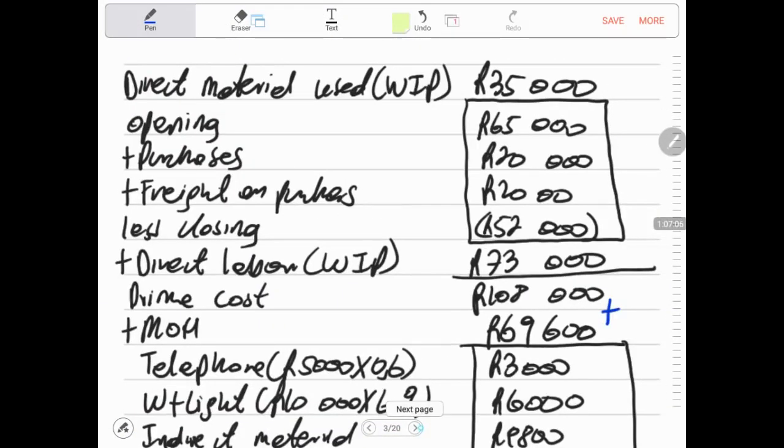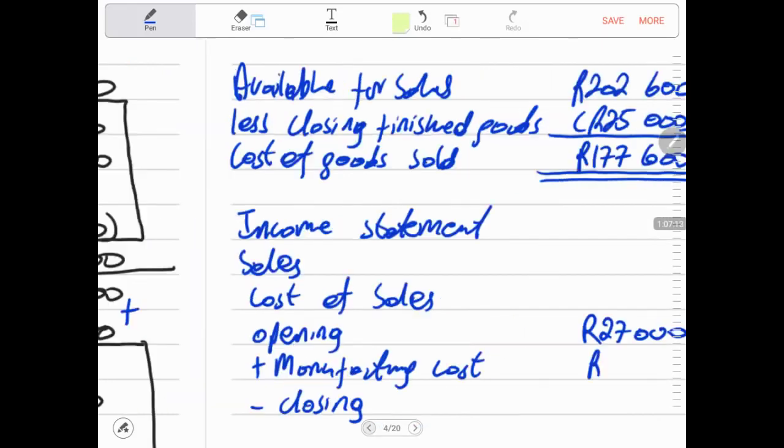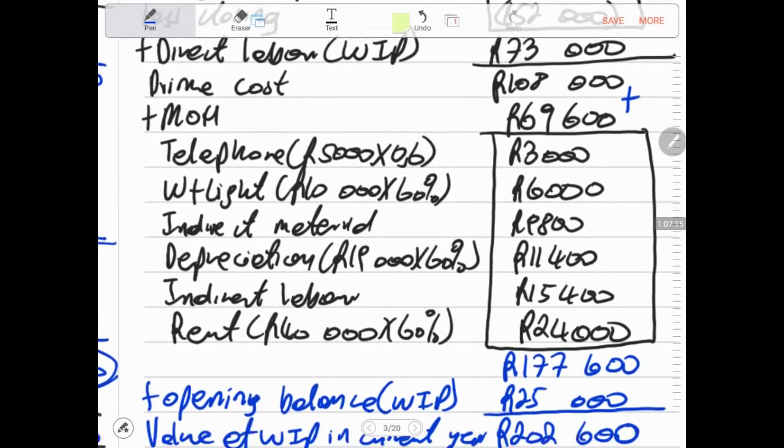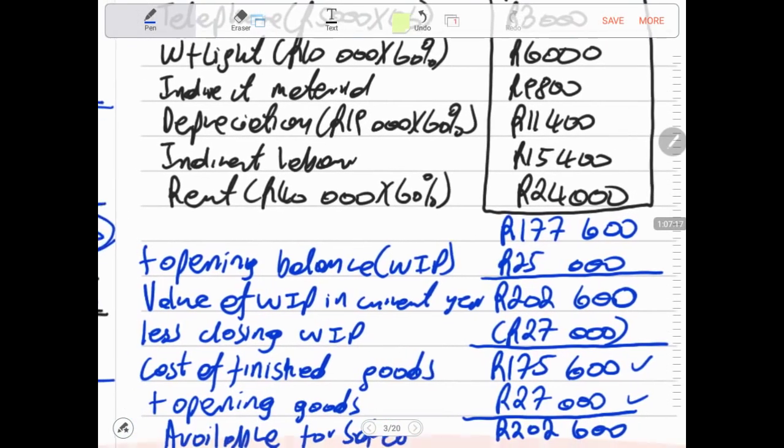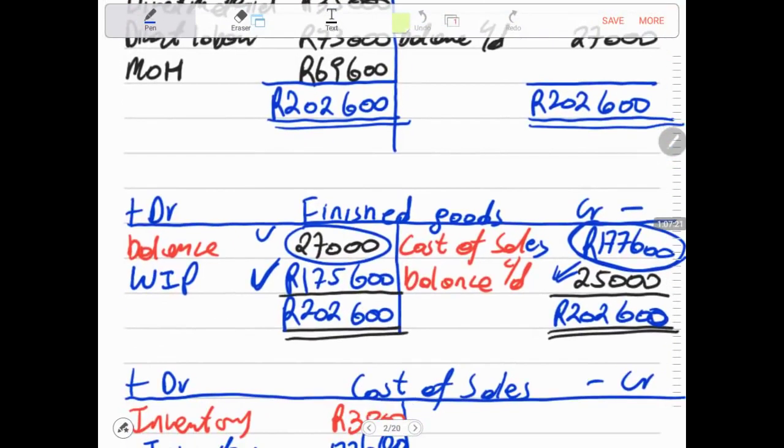So we have 27,000 as our opening. Our production being 175,600. Inventory that was finished in the current year, 175,600. This is what was finished in the current year, production cost during the year.